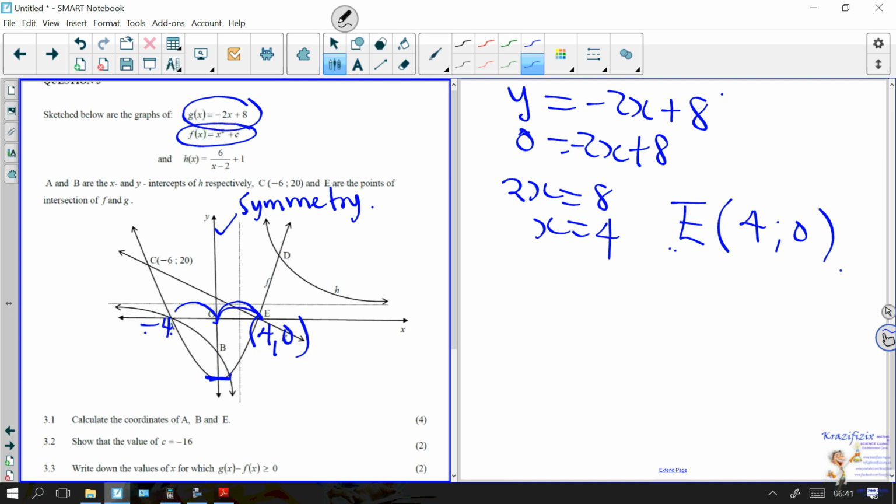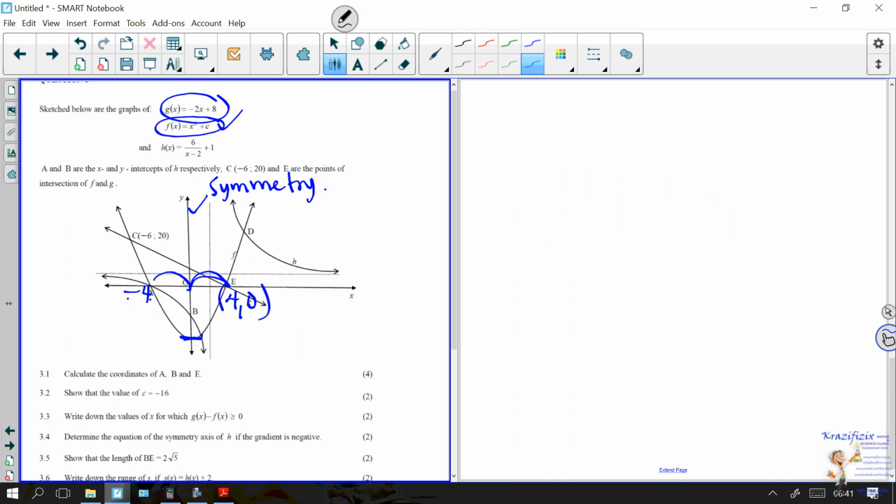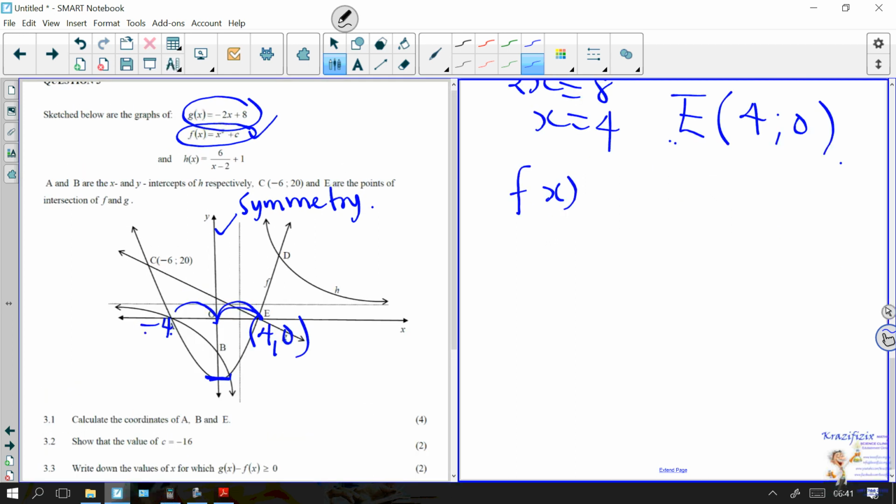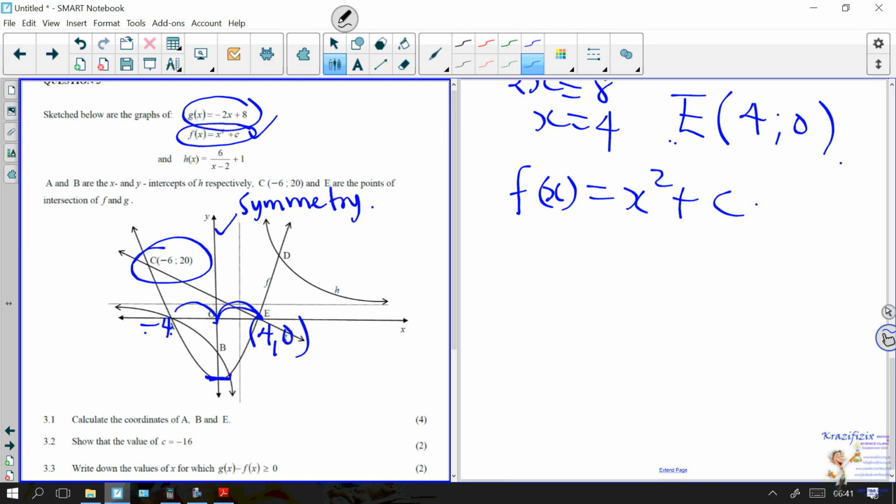So this value will be (4, 0). That's another way. Okay. Show that the value of C equals negative 16. Where do you have C? C is on my f of x. What do you know about f of x? x squared plus C. Do we have any coordinate, any point? Look at point C there. It's actually resting on f of x.